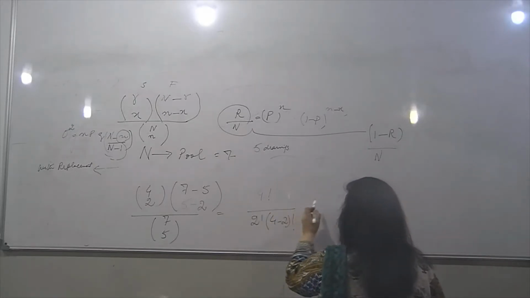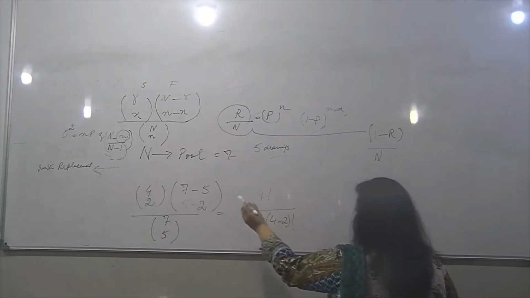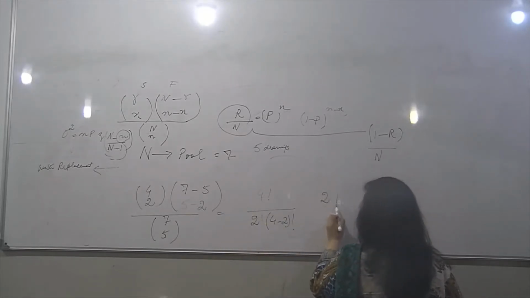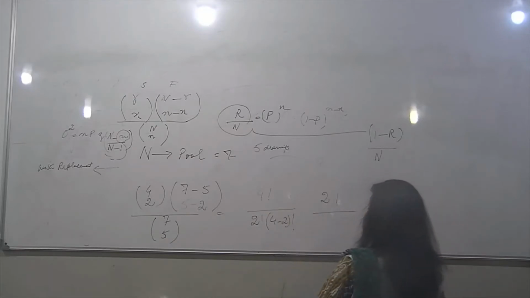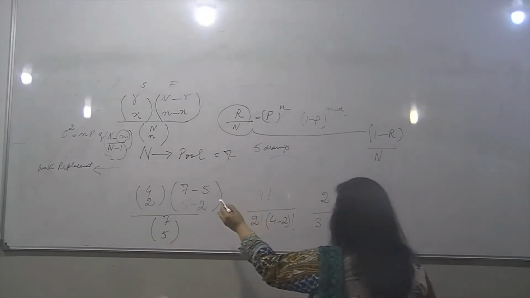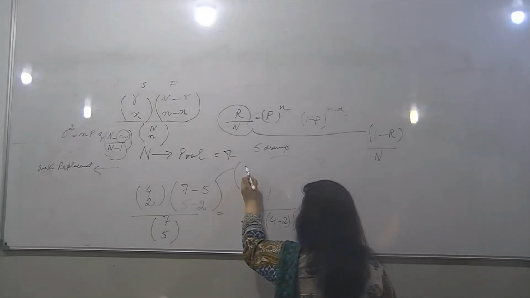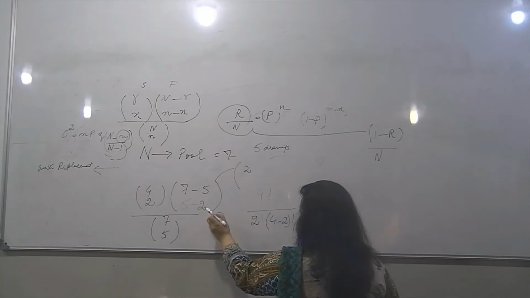Now this is going to be 7 minus 5, which is 2 factorial, over 5 minus 2, which is 3 factorial.